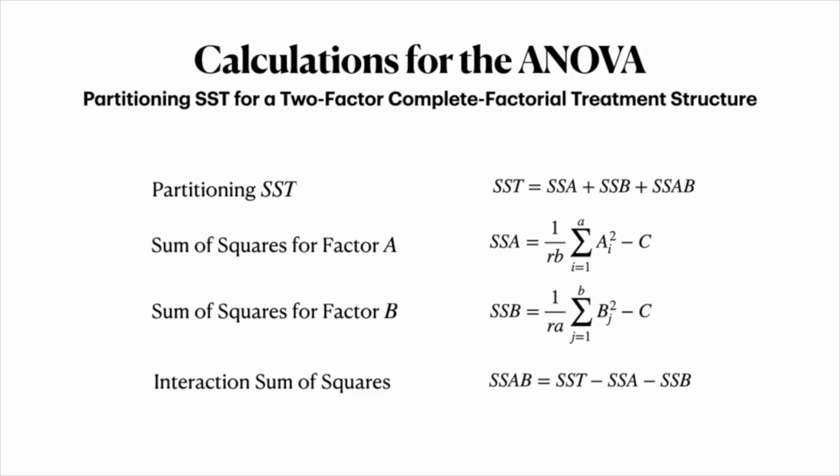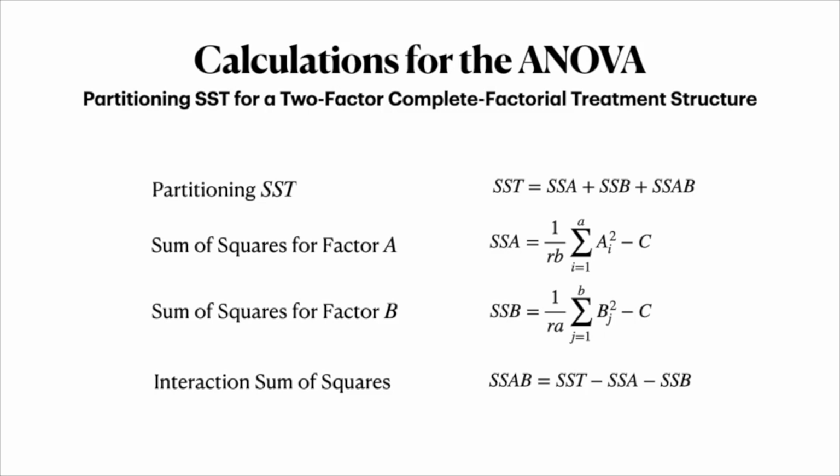So the next calculation we need to make is to calculate SSA, the sum of squares for factor A. And that's calculated from the A sub i's as 1 over R times B, R being the common number of replications per treatment combination, B is the number of levels of factor B. We multiply that by the sum, I going from 1 up to little a, of the square of the A sub i's.